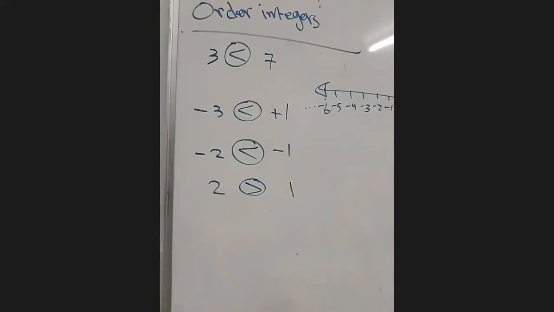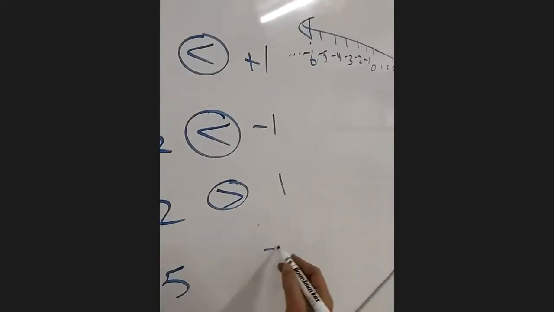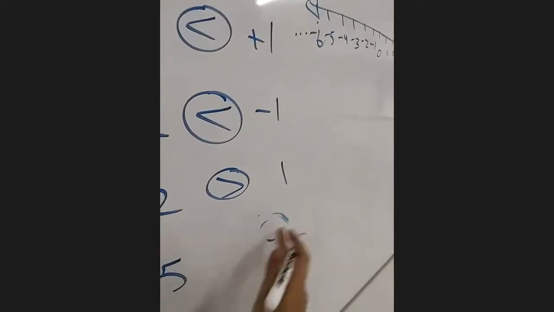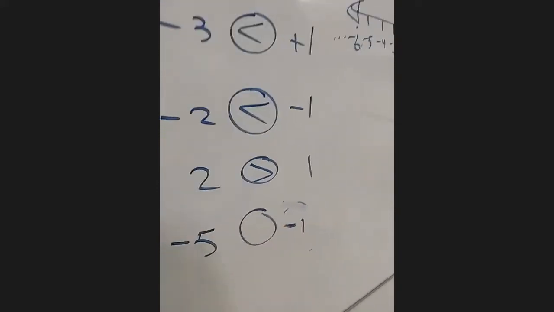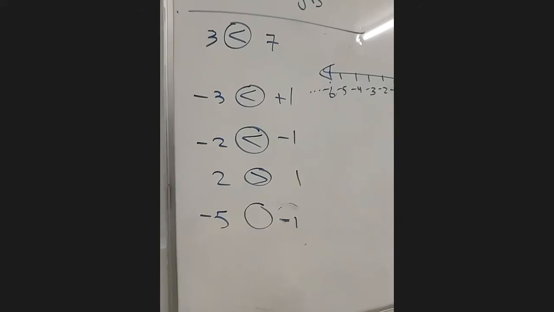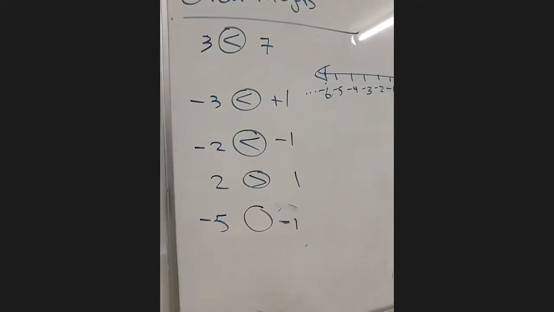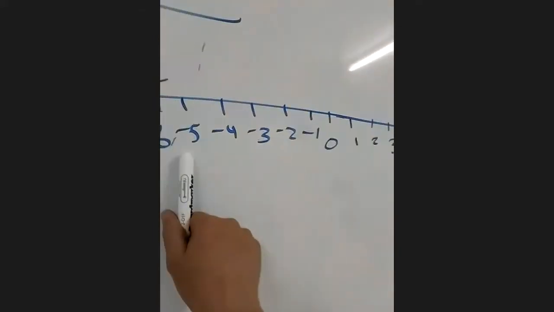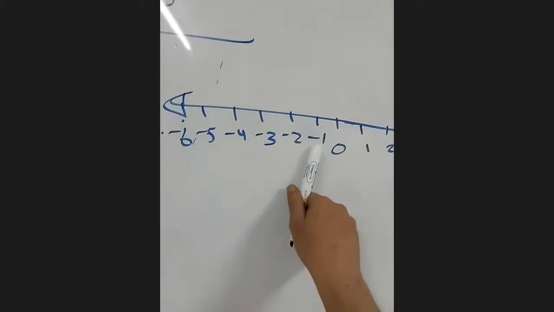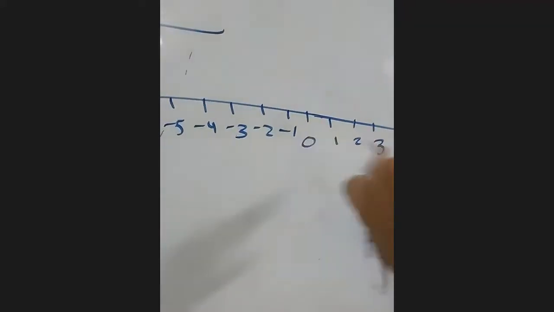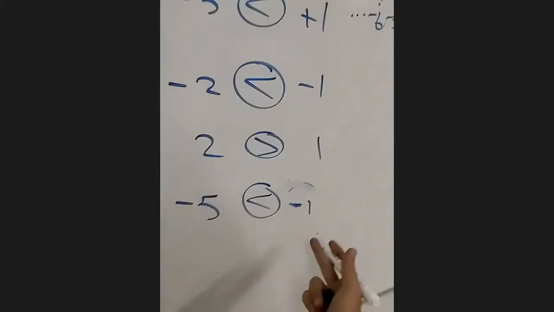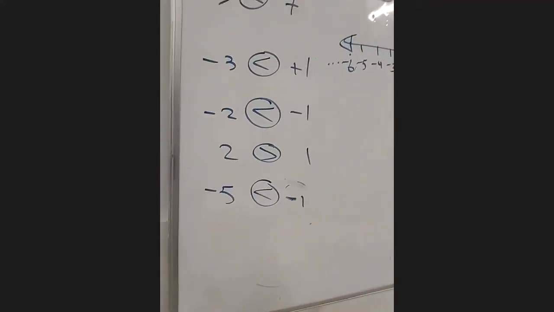For example, if I have negative 5 with negative 1, which one is bigger, has bigger value? This is negative 5 here, and this is negative 1 here. The number to the right is bigger, so negative 1 is bigger than negative 5.